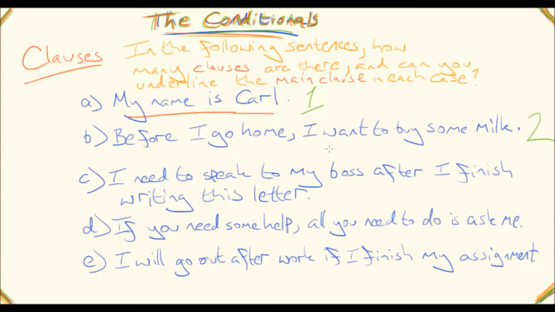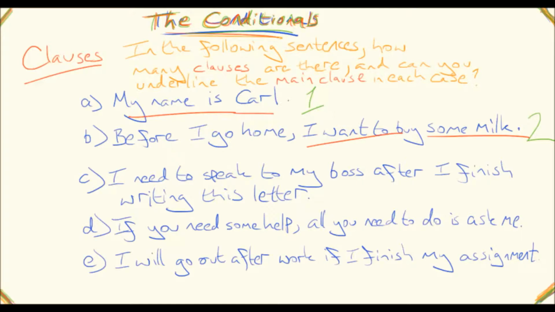Well, I hope you agree with me that I want to buy some milk is the main clause. I is the subject. Want is the verb, and to buy some milk, we've got an infinitive-based object there. So what's before I go home? Well, clearly we've got a time clause at the front. So we've got a time clause followed by a main clause.